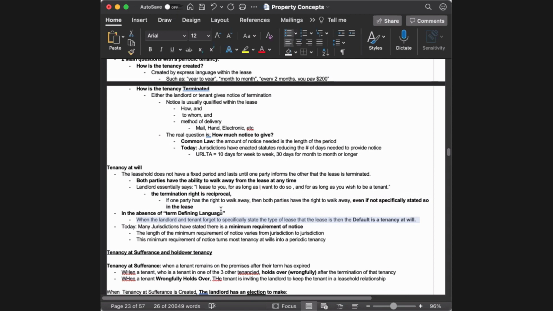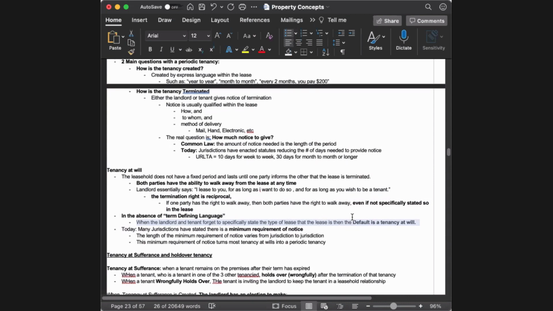This would be a situation where all the other parts of a lease are present, except for the term, and so you have just accidentally created a tenancy at will. These are normally created by really dumb landlords who forget to tell their tenants how long they have to stay, and so they get themselves backed into a corner.